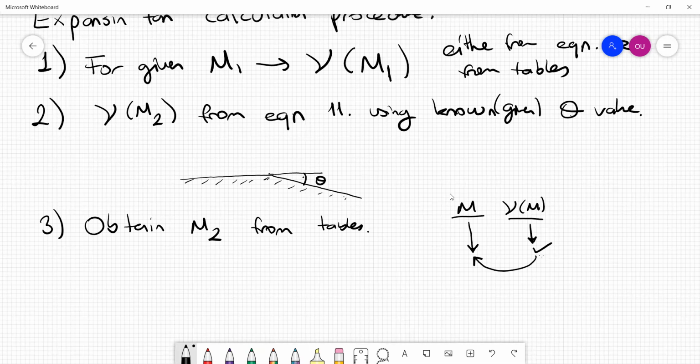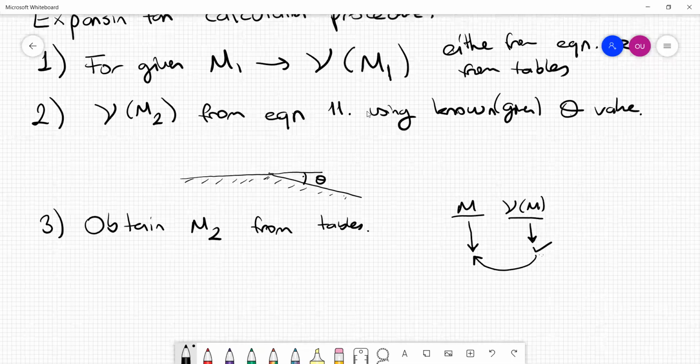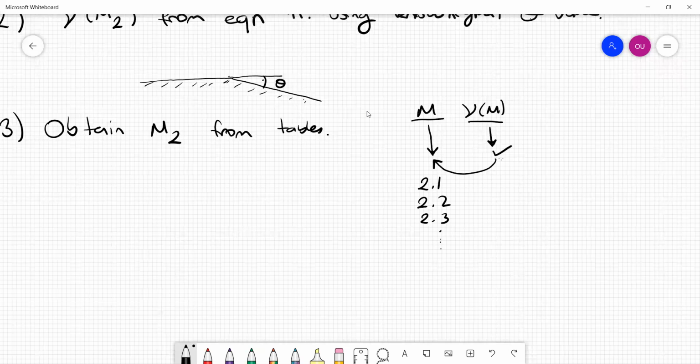For example, if these are listed, just as an example, as Mach 2.1, 2.2, 2.3, and somehow you obtain your new M2 value, you may need to interpolate between these Mach numbers. You will have a new value at 2.1, at 2.2, at 2.3, but if the new value that you calculated at step 2 is somewhere in between these, you will have to interpolate the Mach number accordingly.